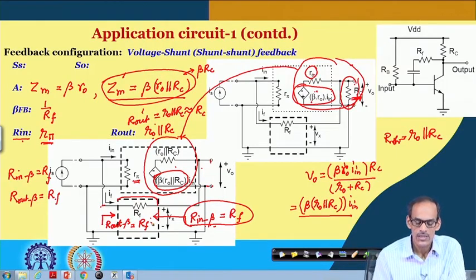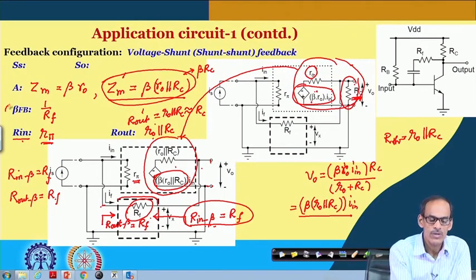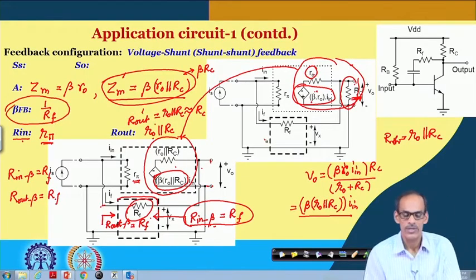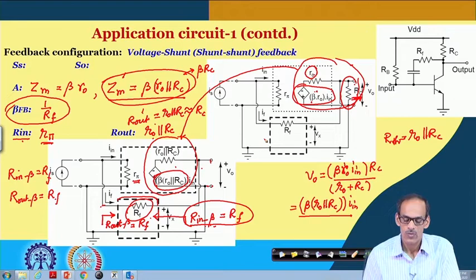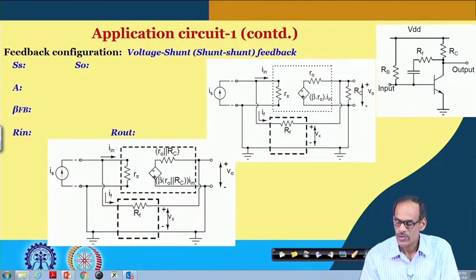That gives us an idea of what may be the meaningful range of this R f, or of this beta f b. That is very vital to construct a practical feedback circuit, where we can directly use the equation to find what changes are happening, namely the value of ZMF, and the values of R in and R out. Okay. So, in the next slide we are going to do that.